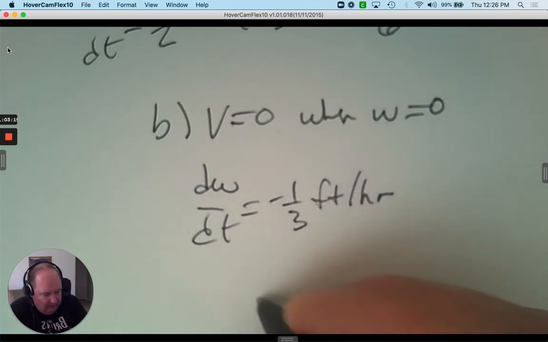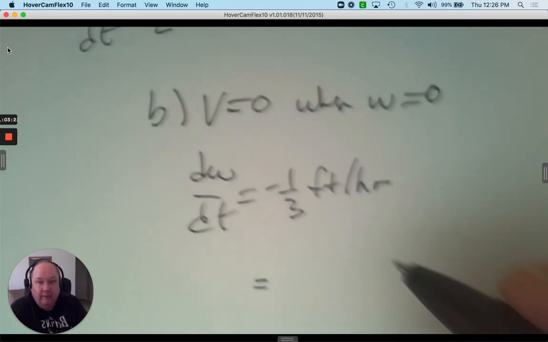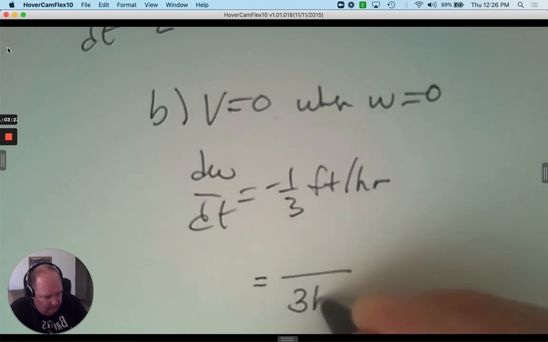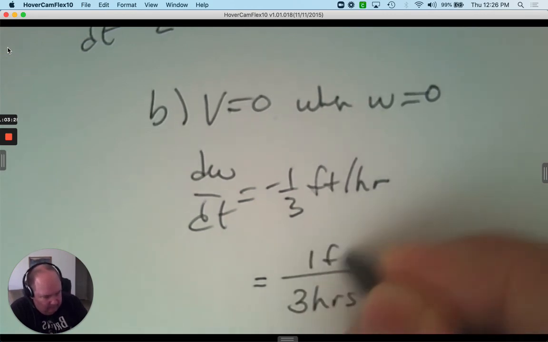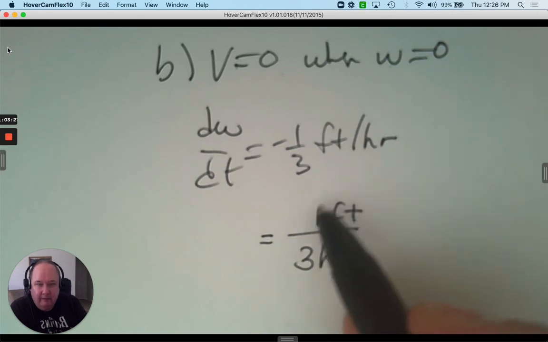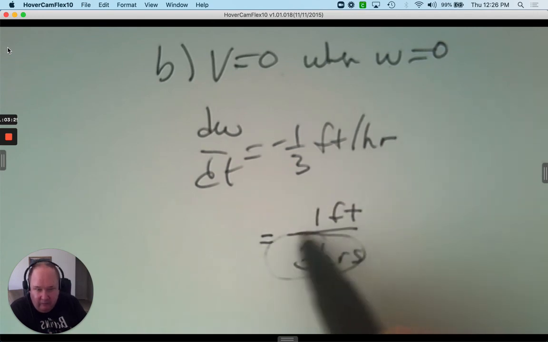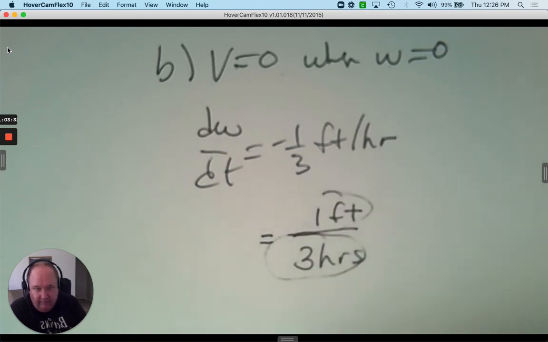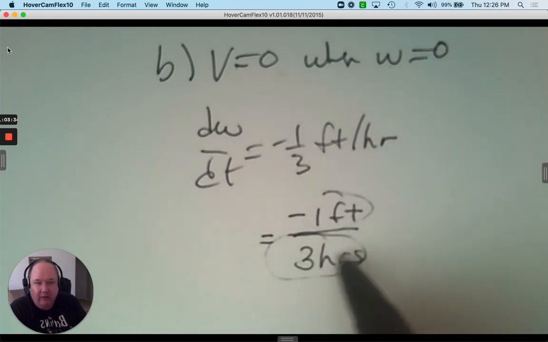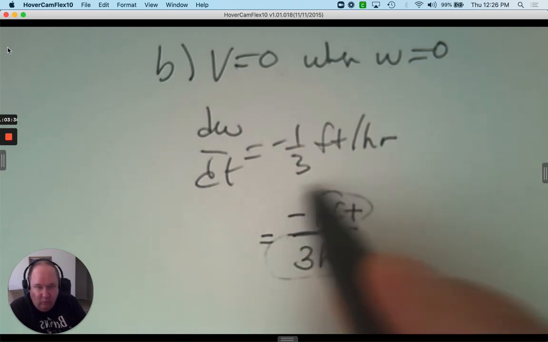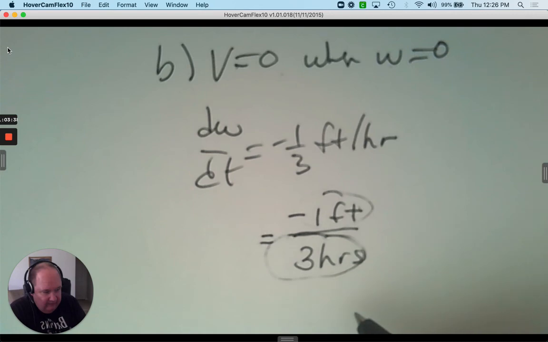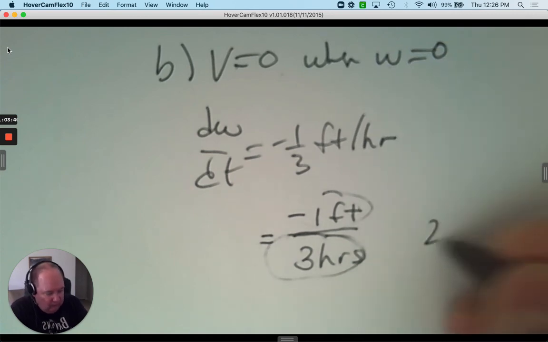So that means every 3 hours, 1 foot is melting. That's what it means. That's how you could write it. The original one was 2 feet wide.